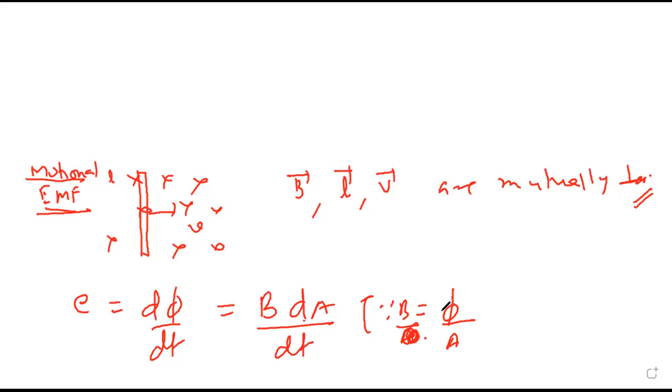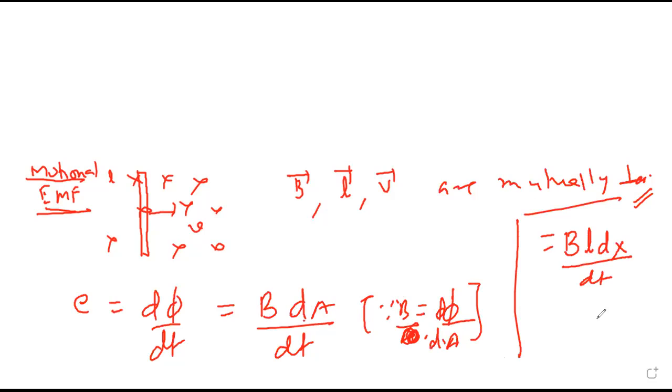Flux upon area is called B, so I can write d phi by dA. That means B dA is d phi. Okay. Now dA means length into distance covered. What is dx by dt? Is it velocity? Dx by dt means velocity.